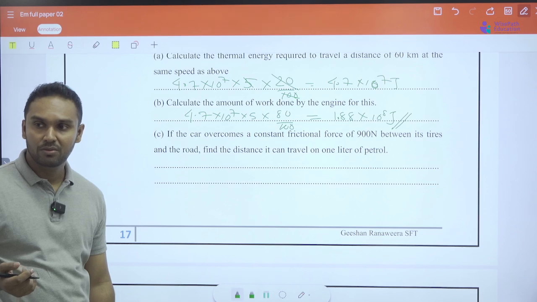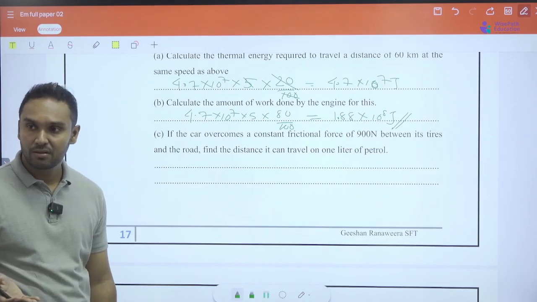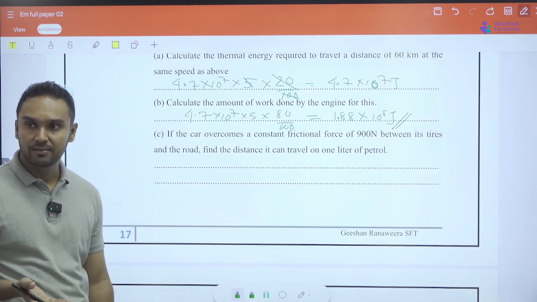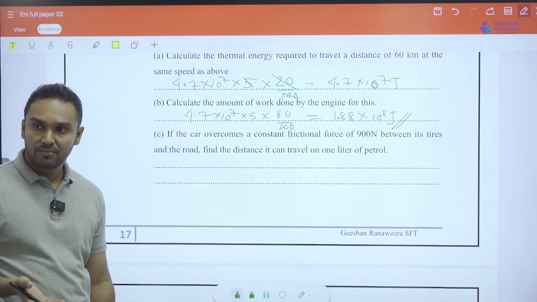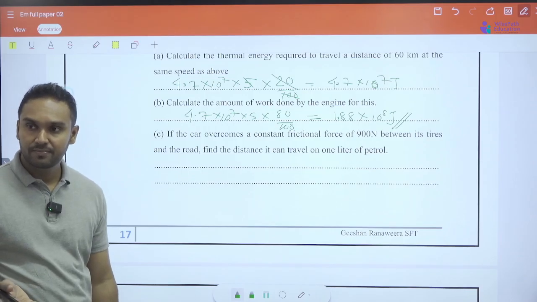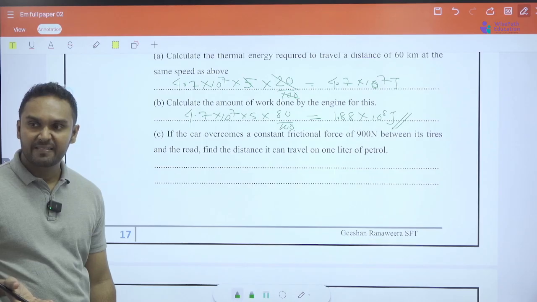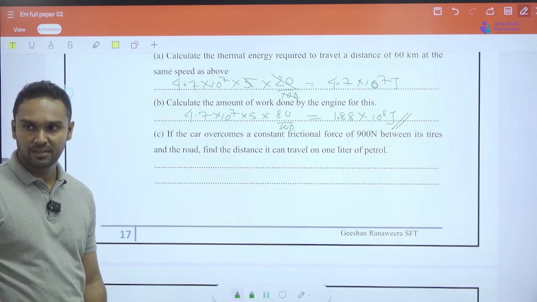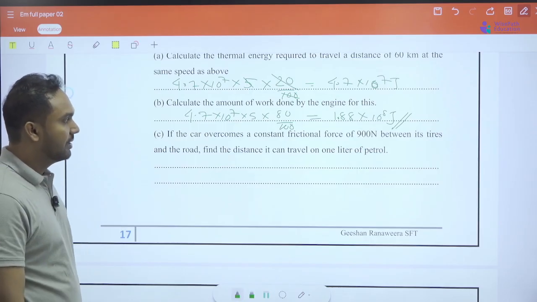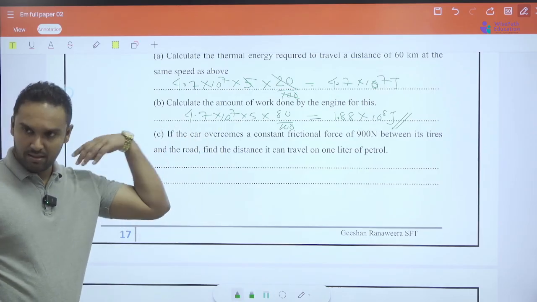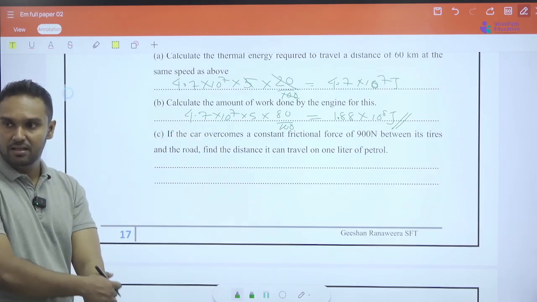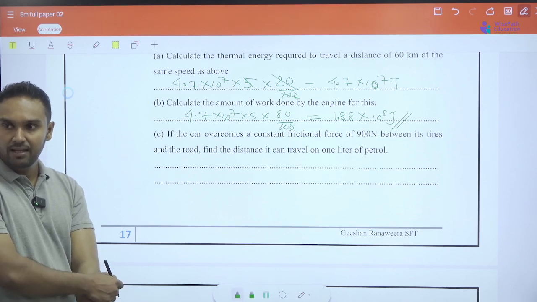Working against the friction usually when you are slowing down or braking, isn't it? So the work done against the friction is usually converted into what? It's the heat, right? So the work done against the friction, like in any case, is converted into heat.